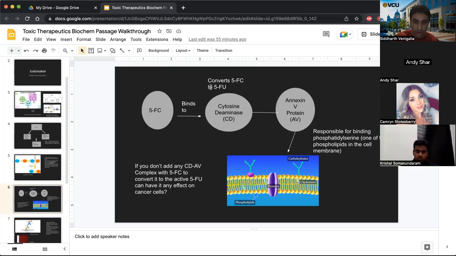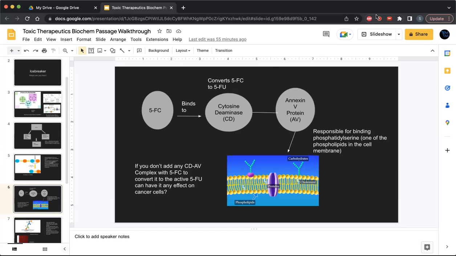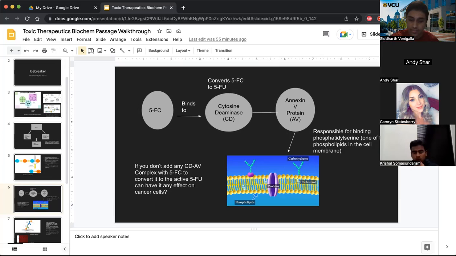And so our carrier complex, which is what I'm circling right now, the CD and AV, binds to 5-FC and delivers it to the cancer cells. What the experimenters want to test is how strongly the CD-AV complex binds to different cancer tissue types.